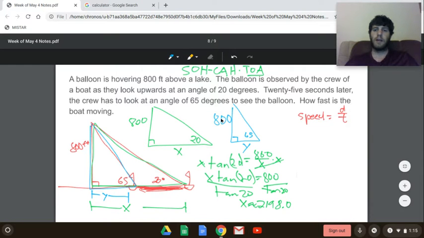So again, opposite and adjacent is tangent. So we're going to do tangent of 65 equals opposite over adjacent. That's 800 over y. You multiply y on both sides. Right, and then divide by the tangent 65.